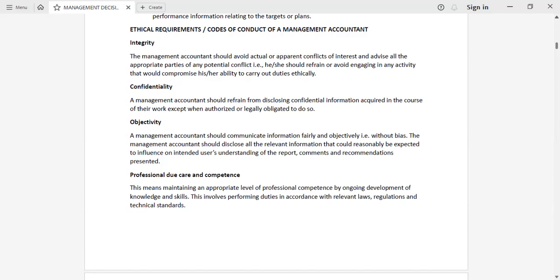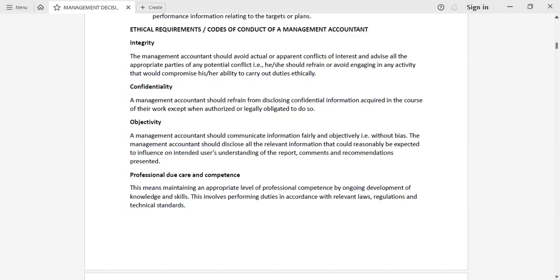So it's always important for you to be objective, that you tell all the information that is not biased. You disclose each and every piece of information.